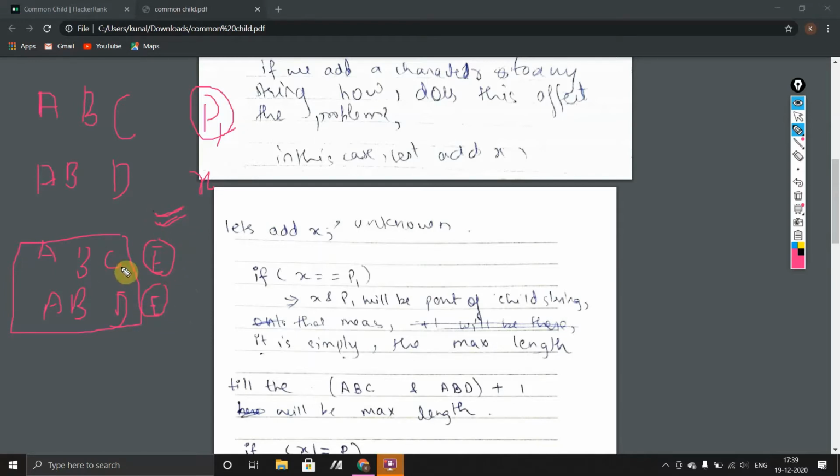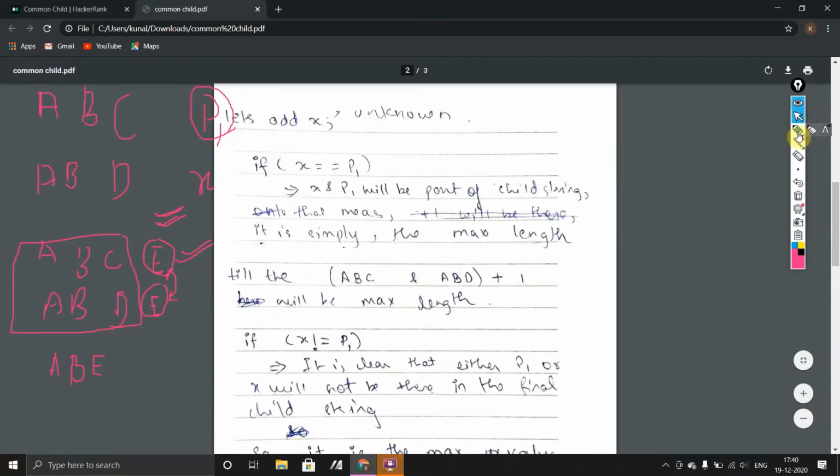So basically whatever the maximum of this part is, there will be an E attached to the end of that child. So in this case the maximum of ABC and ABD is child AB, correct? So we already know that the end part of these two strings are equal, so that simply will be added to the common child, and this will be the maximum common child of these two strings.